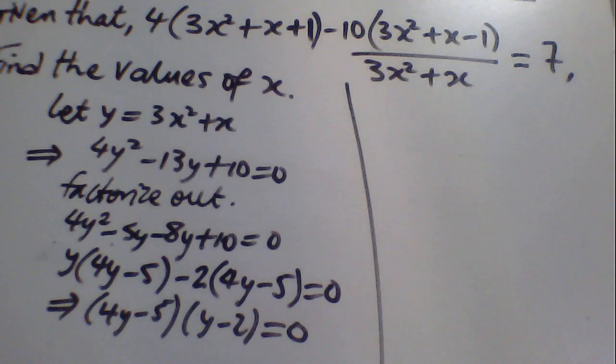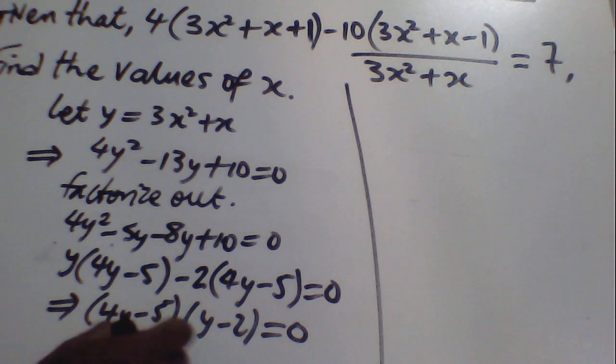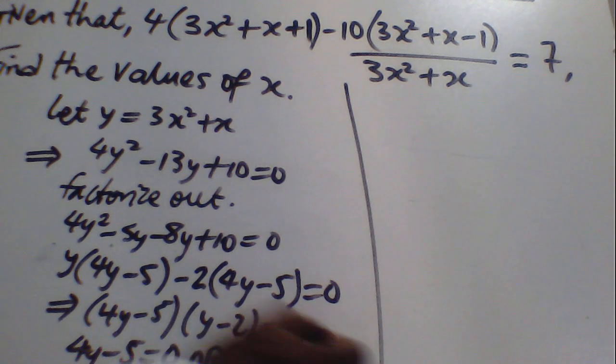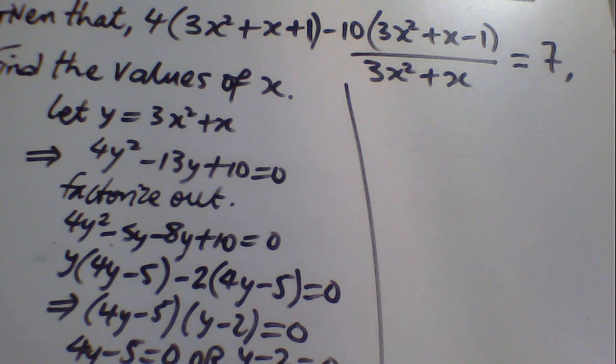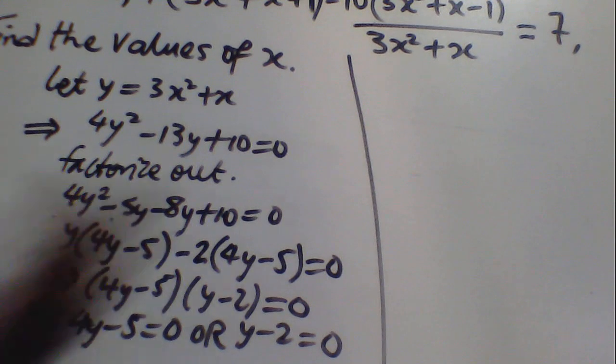So what next to do here? Here you have 4y minus 5 is equal to 0, or y minus 2 is equal to 0.